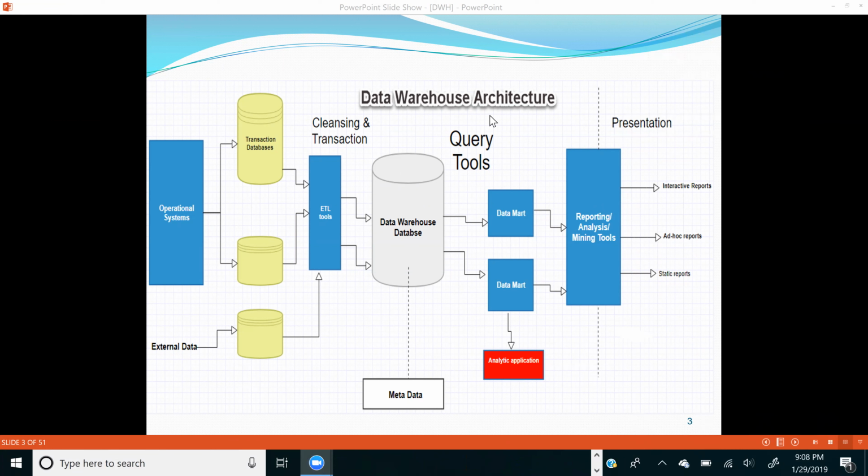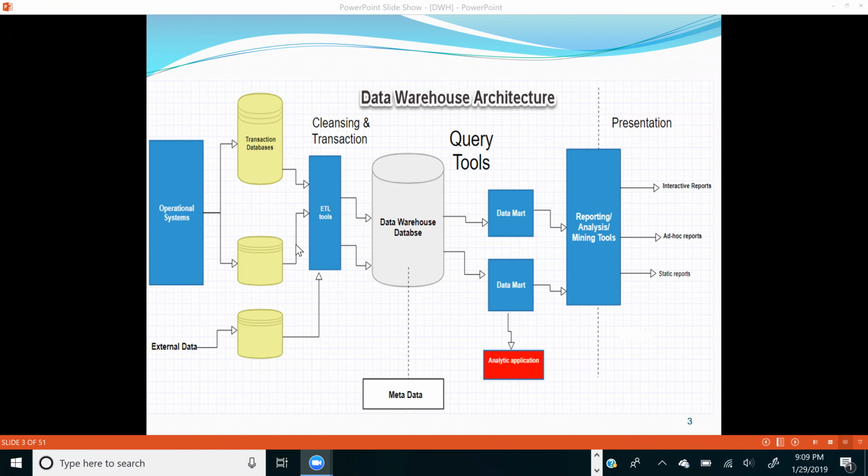Okay, now moving on to the data warehousing architecture. If you look, there are various terminologies which you need to learn. The first is operational systems, and from the operational systems you have transactional databases. You see this cylinder symbol; these are the transactional databases.